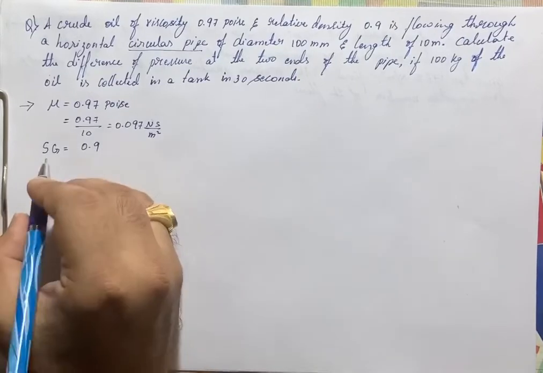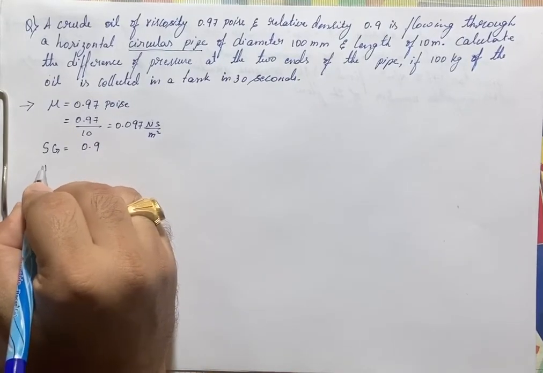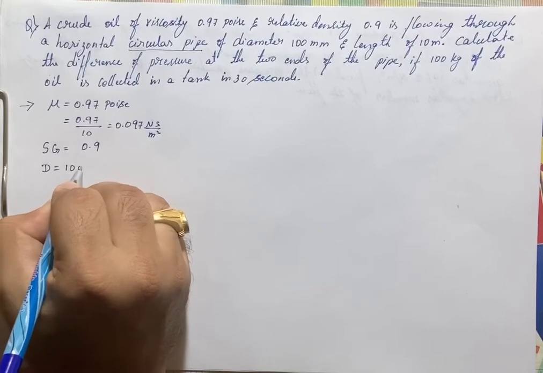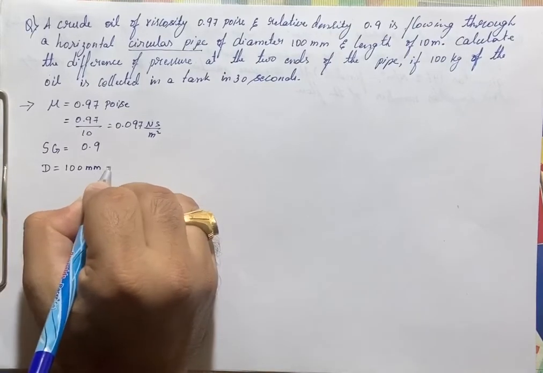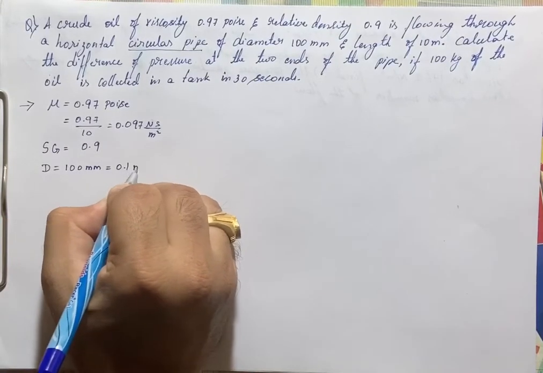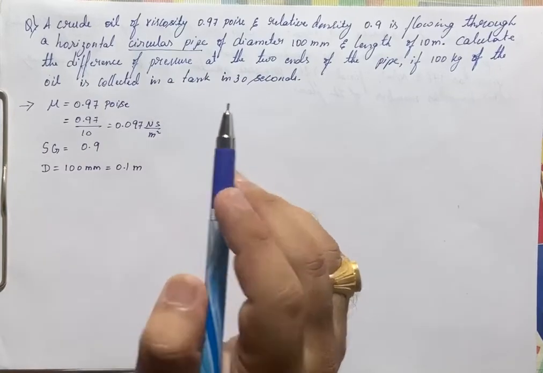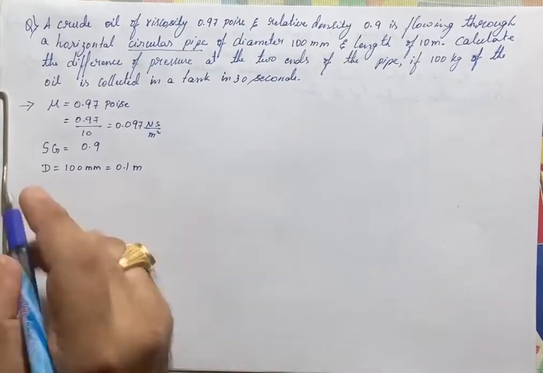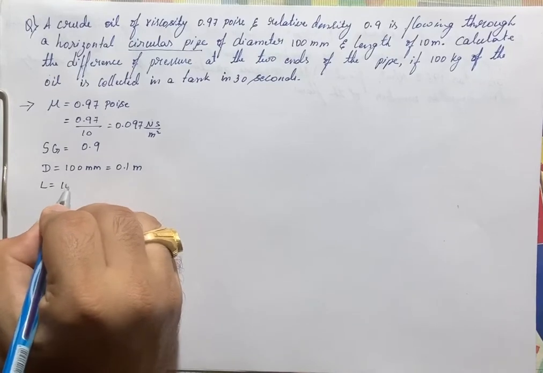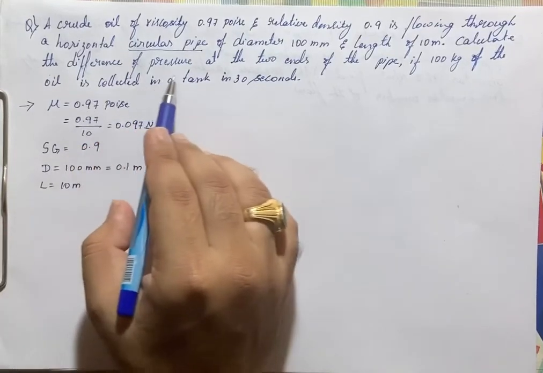Now after that he has given diameter D is equal to 100 mm. That means it is 0.1 meter here, right? After that he has given length L, I'll write it as 10 meter. What is asked?